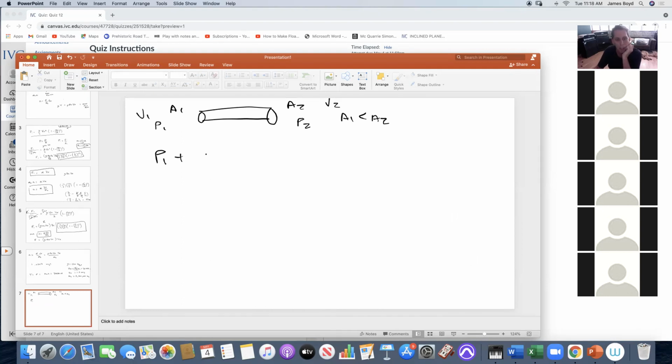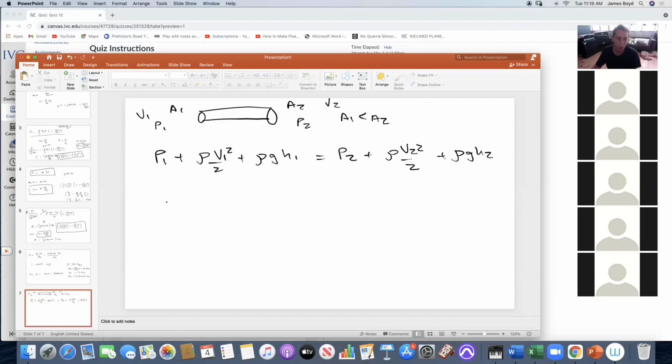You have P1 is density times velocity squared over 2 plus density times g H1. And then you just write P2, rho V2 squared over 2 plus rho g H2. That's all you start with.